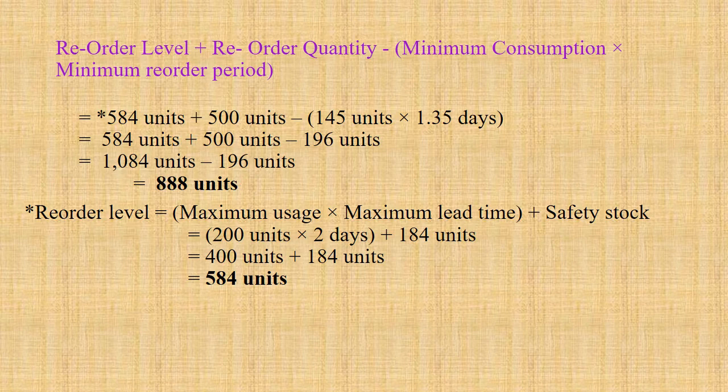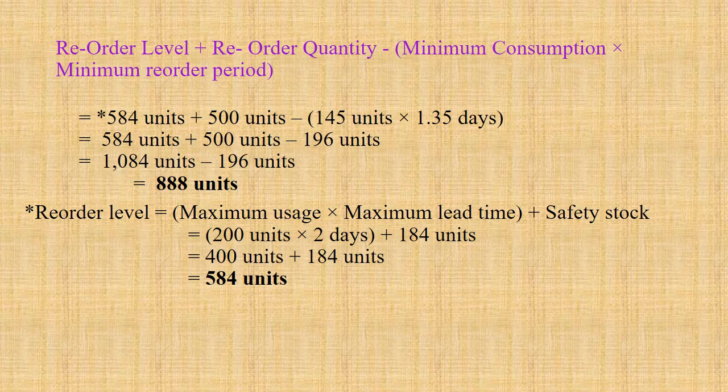Now maximum usage is directly given, that is 200 units. Maximum lead time is given, that is 2 days, and safety stock 184 units. So you get reorder level, or the level at which a new order should be placed, is 584 units.